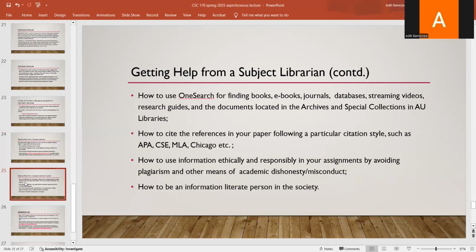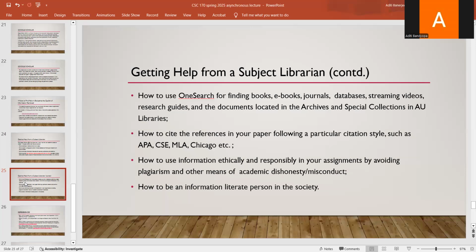Subject librarians can teach you how to use OneSearch for finding books, ebooks, journals, databases, streaming videos, research guides, and the documents located in the archives and special collections in Adelphi University libraries. They will teach you how to cite references in your paper following a particular citation style, such as APA, CSE, MLA, and Chicago.